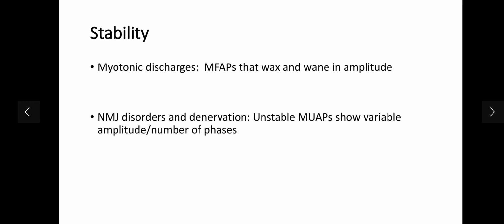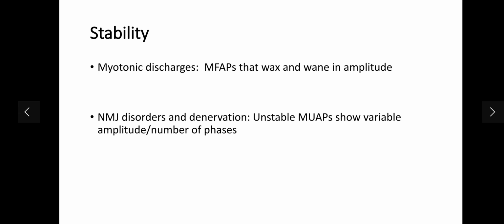The second thing we look at for analyzing the waveforms is the stability. Basically, you look to see whether the waveforms you are seeing are similar to each other or different from each other. For example, with myotonic discharges that you can see in myotonia, the muscle fiber action potentials wax and wane in their amplitude and frequency.